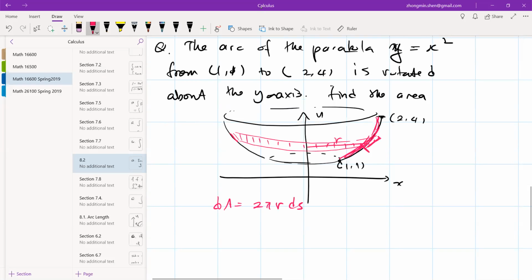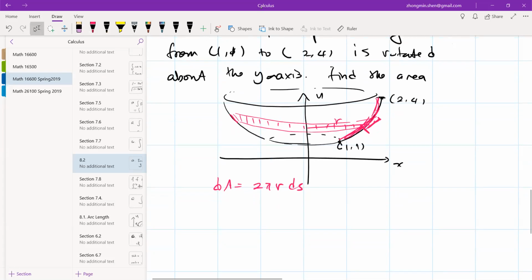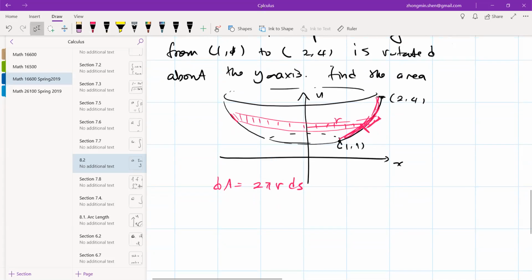Okay, so you have to draw the picture. What is r? What is ds? So that is the area of this one slice, and add them together, you get the total area. Okay. So how can I solve the problem? I change it to the integral of one single variable. Right?